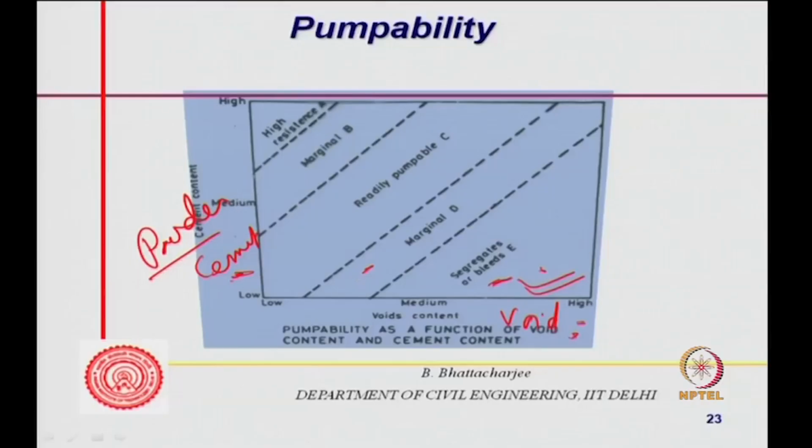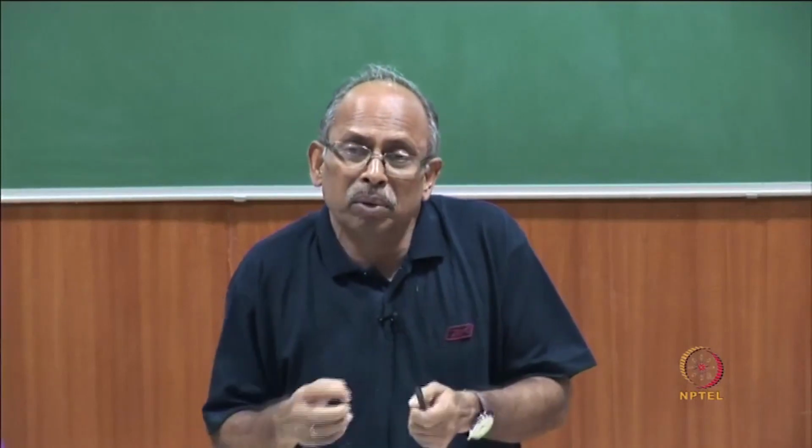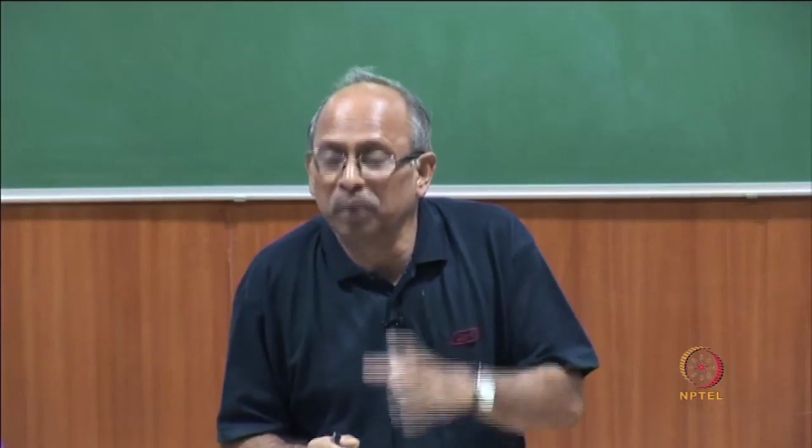In between, you can see that marginal zone, but somewhere when you have low voids in the system and low cement, it works out, it is readily pumpable, and it is in this zone where there is compatible cement and void in the system. The packing is such that the void in the system is sufficient and cement is also sufficient to fill those spaces.